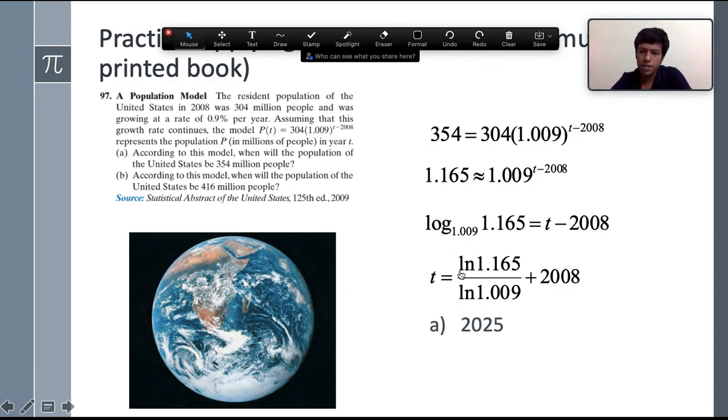So we get t equals ln 1.165 over ln 1.009, plus 2008. Using the change of base formula, we get this. If you do it in the calculator, it will give you 2025 point something, a decimal. This divided by this, and this divided by this.